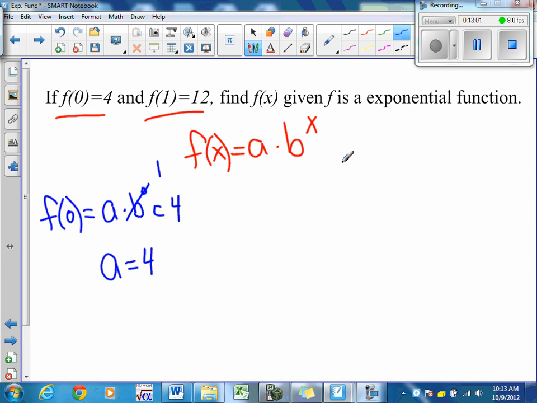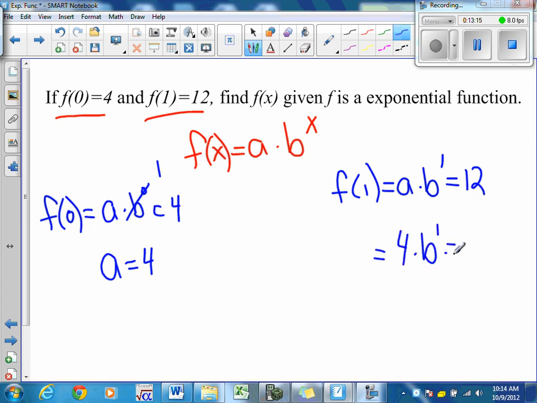Now I got to find b. Well, I have f of 1 equals 12. Well, I know a is 4, so plug in a is 4, and I get b is 3.